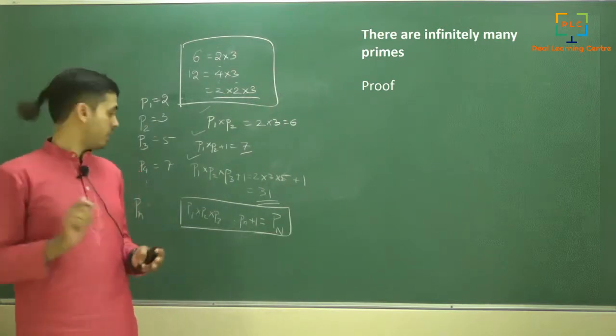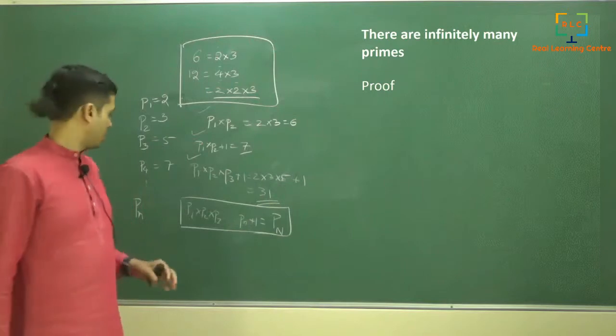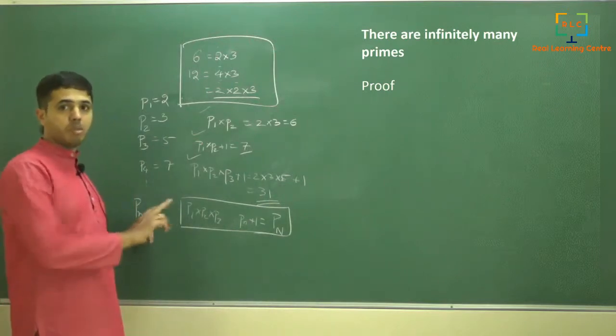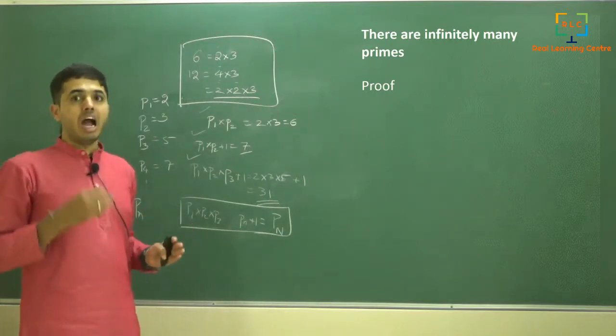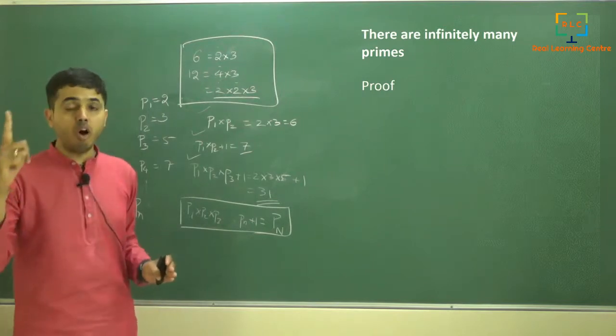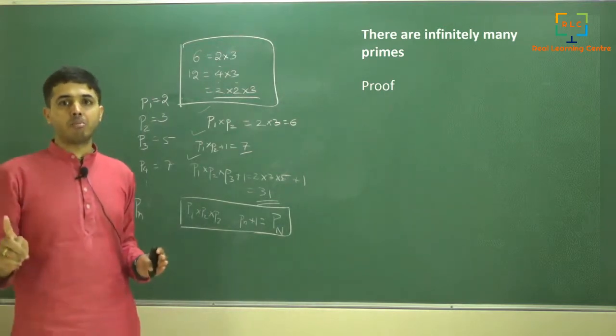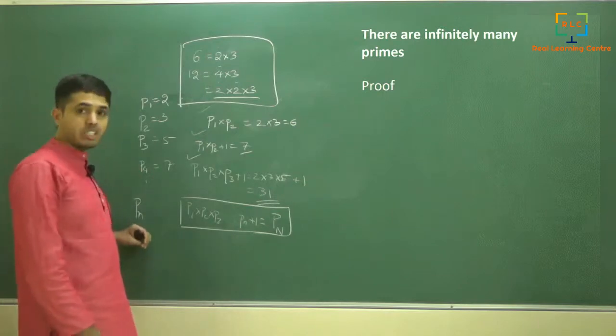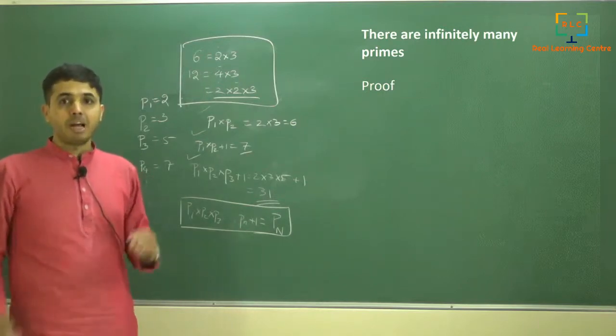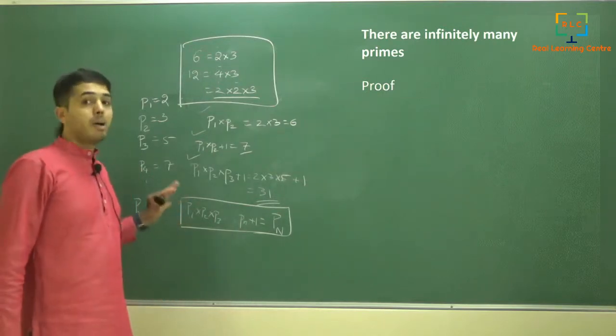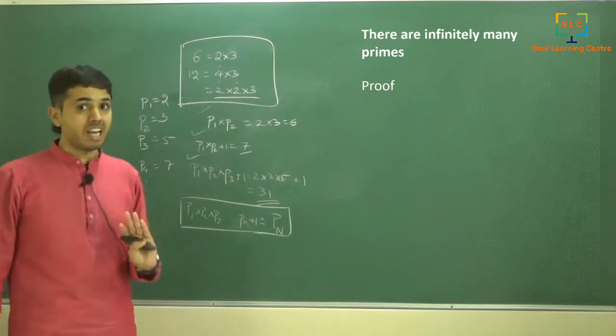So the concept I am trying to use is, I will assume Pn to be the largest prime number, and if I am able to show there is at least one more prime number which is bigger than my largest known prime number, then my assumption is wrong. It means the number of prime numbers is not finite, it is infinite.